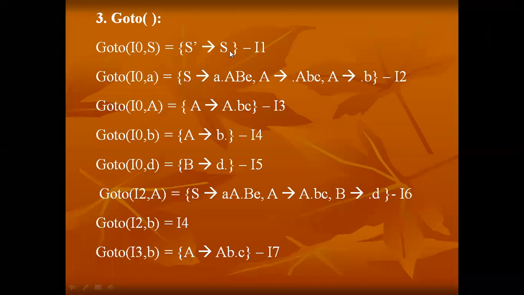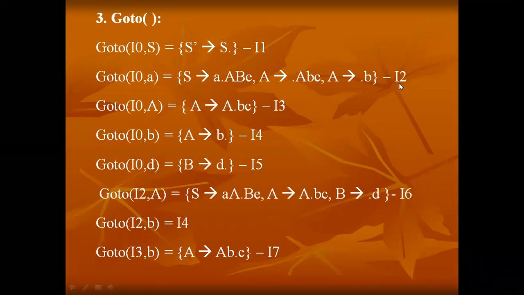The dot has reached the end of the right hand side of the production rule, so there is no more symbol on the right hand side. So there is no need to do the goto function for such production rules. That means the processing with the goto function is completed for production number 1 from the grammar G dash.